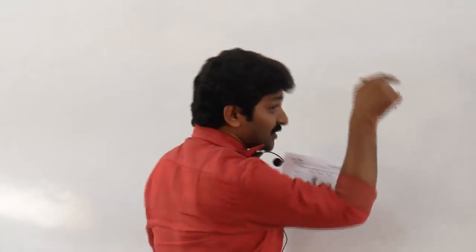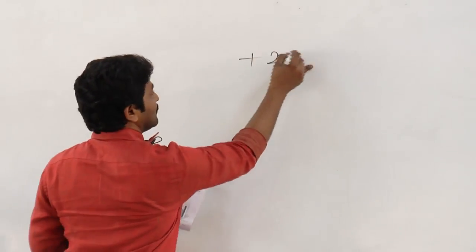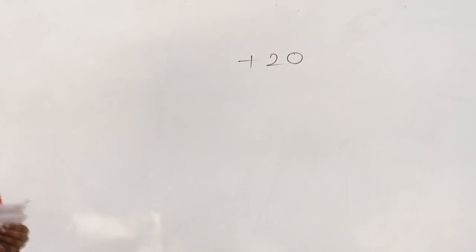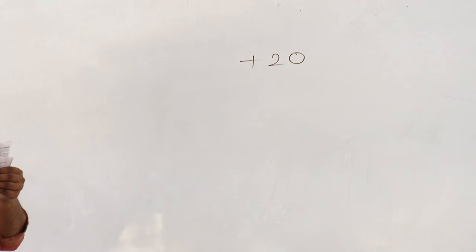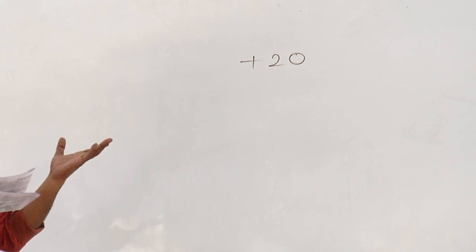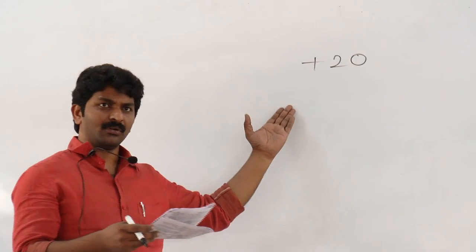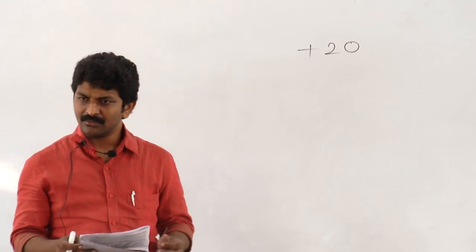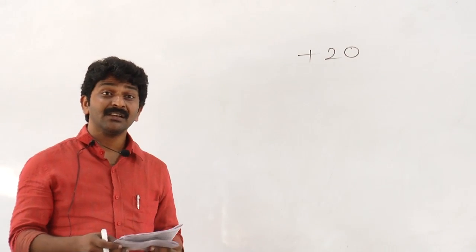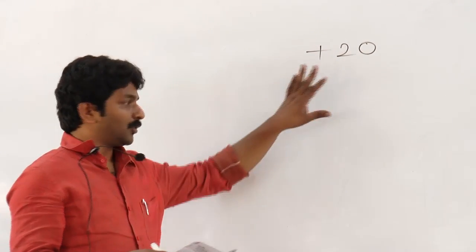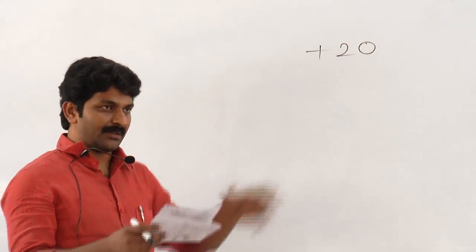So in 2012 we have 20 more. For company Y, 2007 is 20 more. In 2007 we have 20 more.